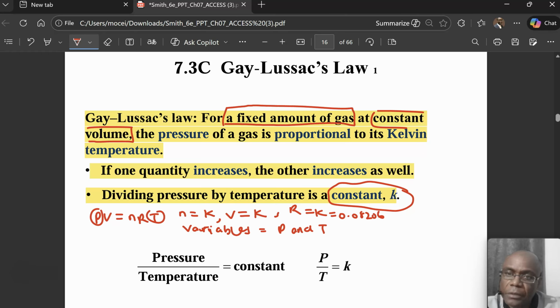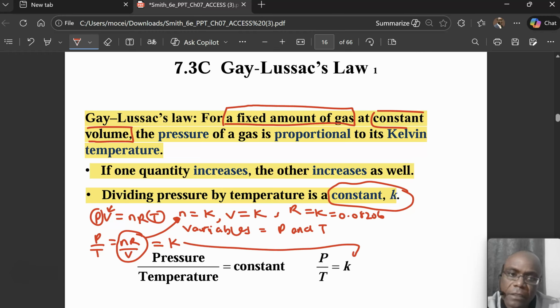So I can divide both sides by T. I'll get P over T equals nR, then I can keep it the way it is and then divide both sides by V. To cancel the V from the left side, it comes here. So all these right here are constants: the n, the V, and the R. So P over T equals K, which is what this is.